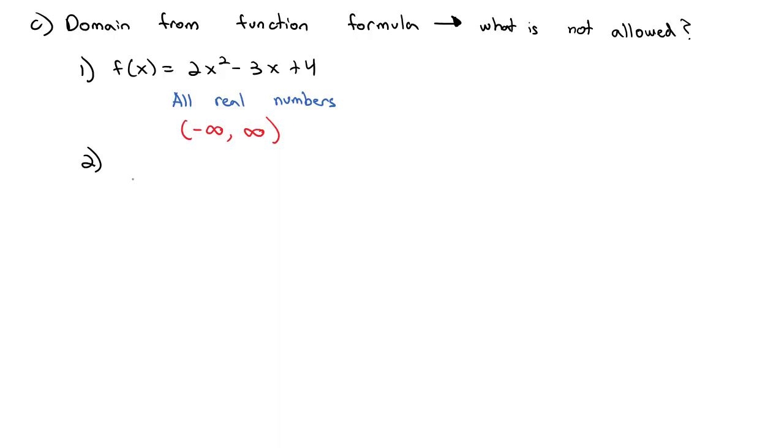Now that doesn't always happen. Let's look at the function f(x) = 3√(4x - 1) + 2. Now something to note with this problem that's different is we have a square root. An important thing to know about square roots is that they can't have negatives.